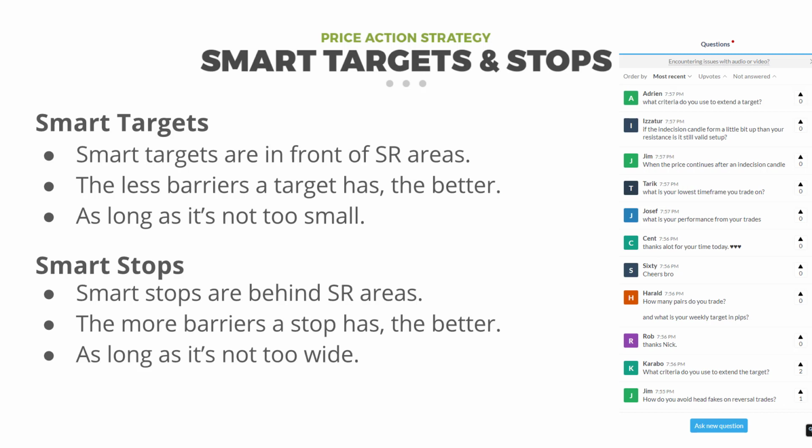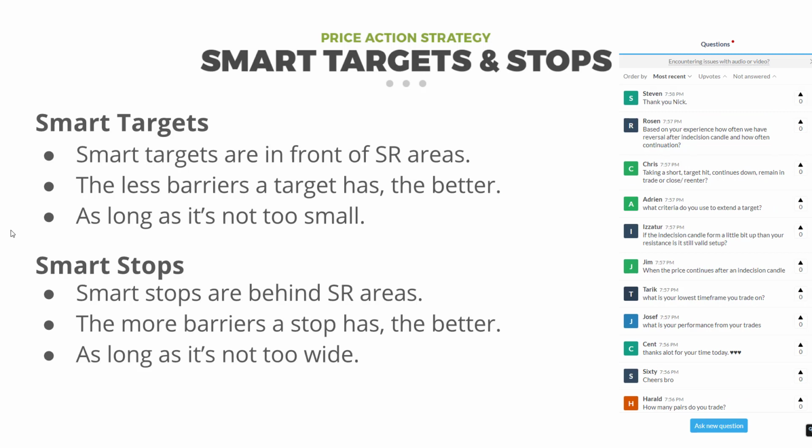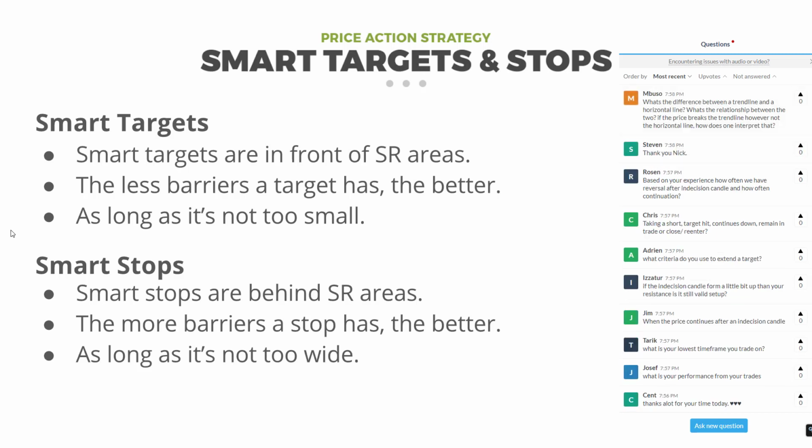Yeah, so Jim asked, how do you avoid head fakes? Jim, it sounds like you're just describing a failed trade. You can't avoid failed trades. Failed trades happen. You can, with experience or by using certain criteria, decide that the setup itself is not a great setup.